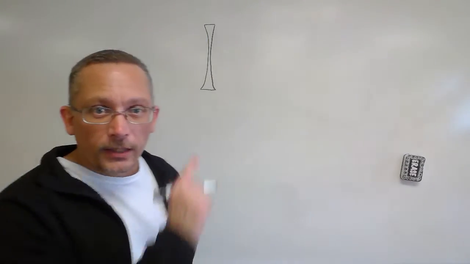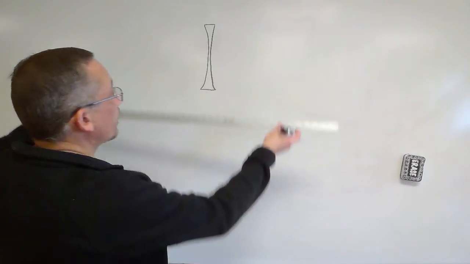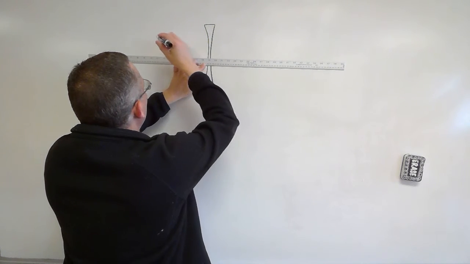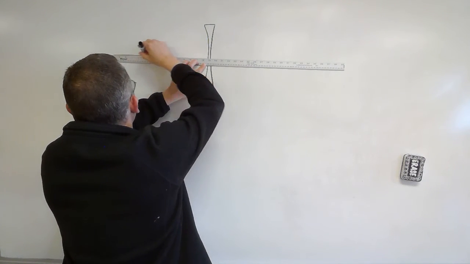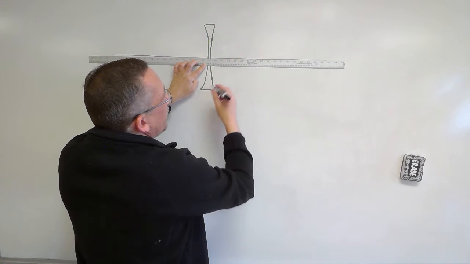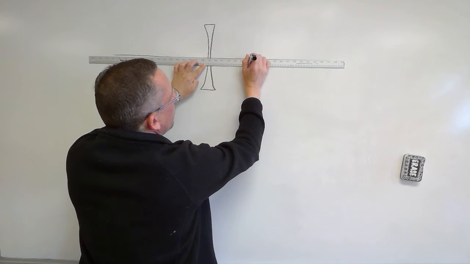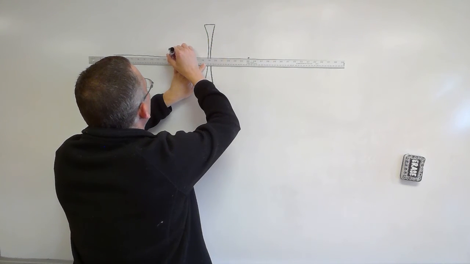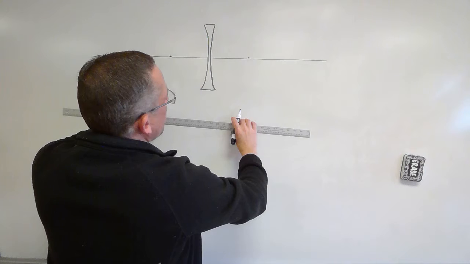Okay. Let's draw one for a concave lens. Okay. Let's draw our principal axis. Put a focus on either side. Let's say maybe the focus is right about here. Same distance on either side.